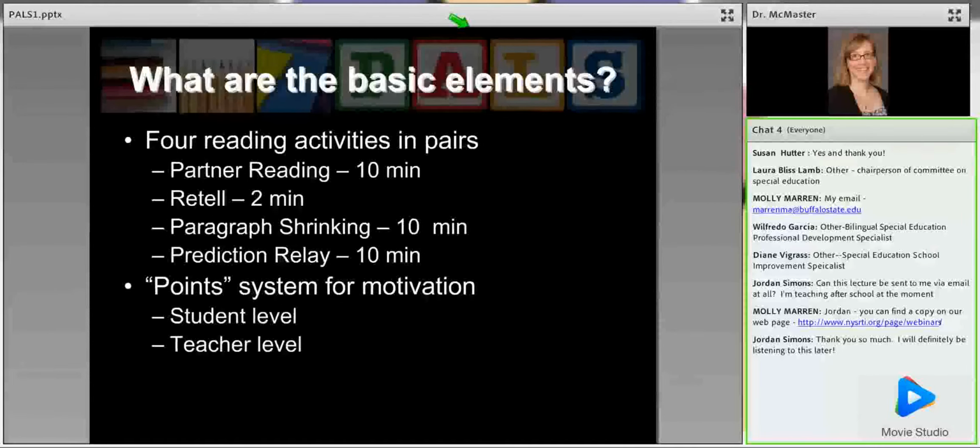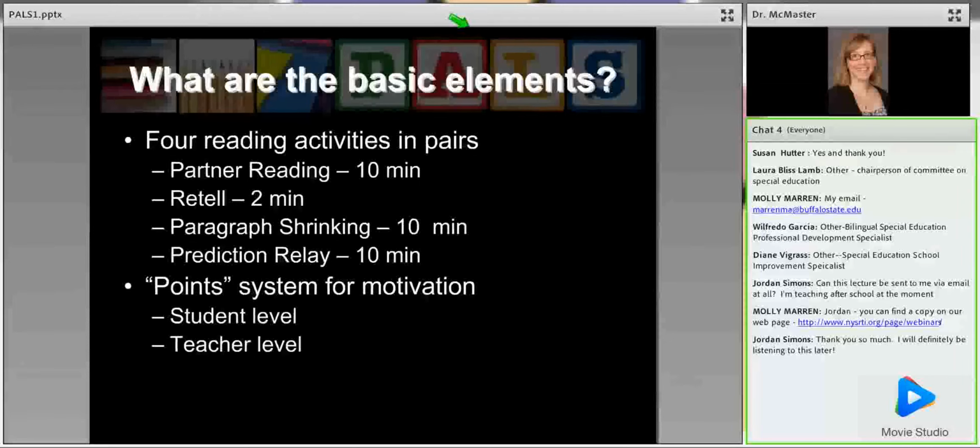So paragraph shrinking really forces them to create a concise summary of the most important idea in each paragraph. So they read and shrink paragraphs for 10 minutes. After that, they switch jobs, and the second reader reads on. And now the second reader reads new text for 5 minutes, shrinking each paragraph as they read.